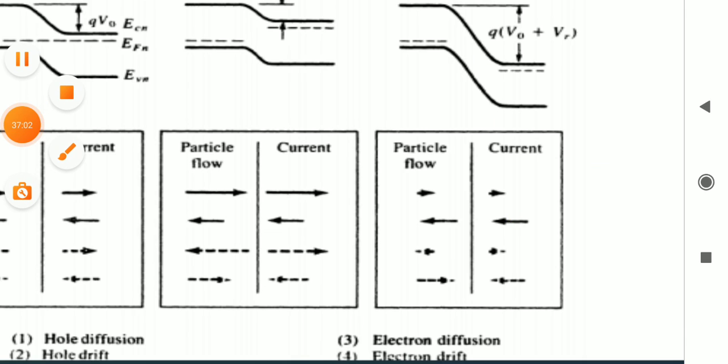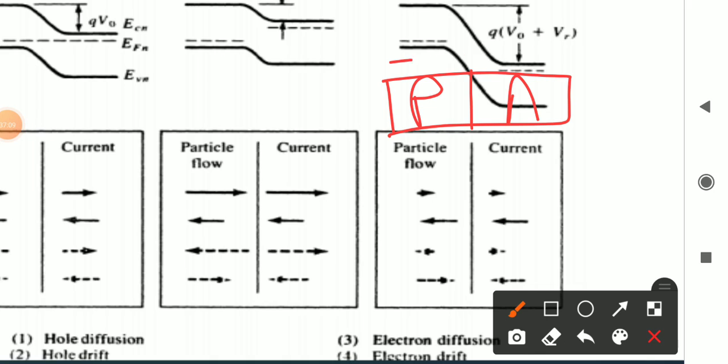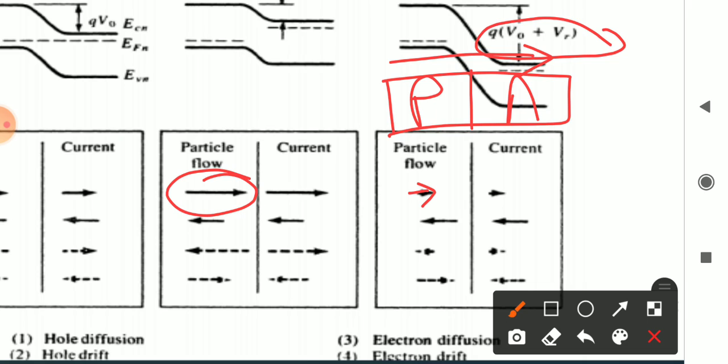No, the first term is hole diffusion. Again consider the P-N region. Hole diffusion is from P to N, but you can see here the length is smaller compared to this one. Why? Because the energy required to diffuse through the depletion region is more. That's why the diffusion current is less, because the depletion width is more here.